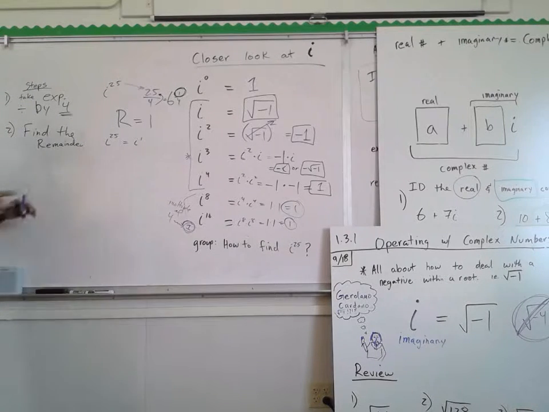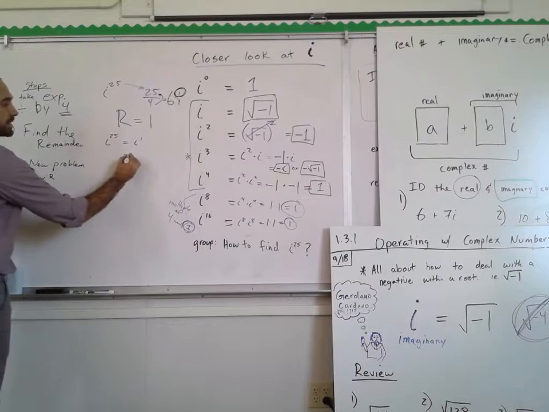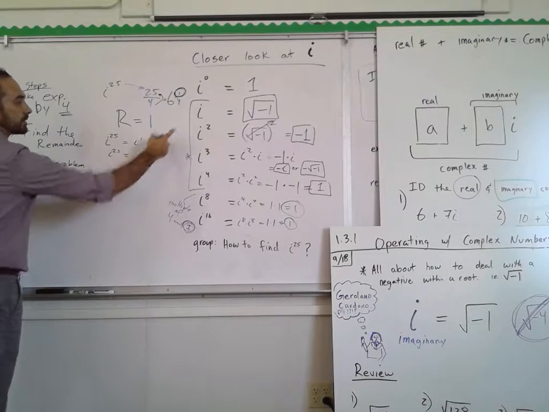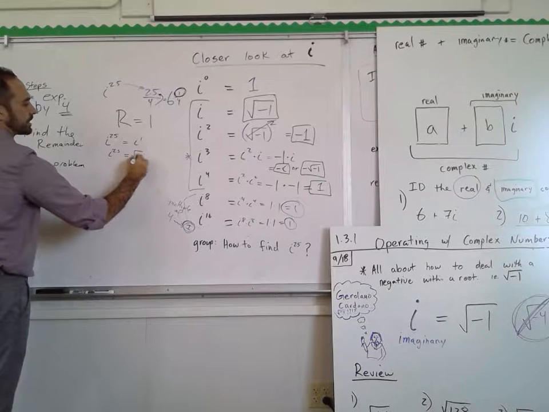You're basically going to take this remainder and say, my new problem is to substitute in that remainder for your value for the exponent. Okay. We'll do a couple of these and it'll start to click. So we know that i to the 25th is equal to i to the 1st, which is root negative 1.